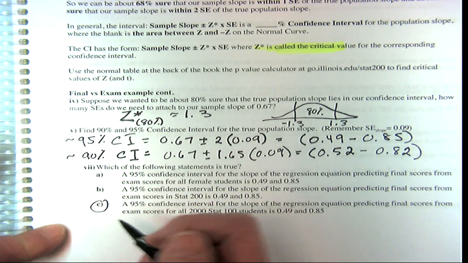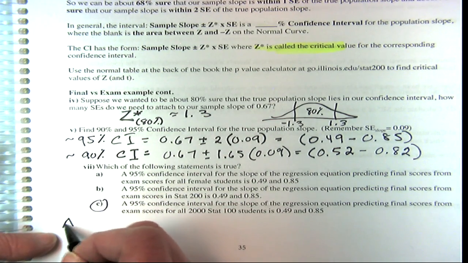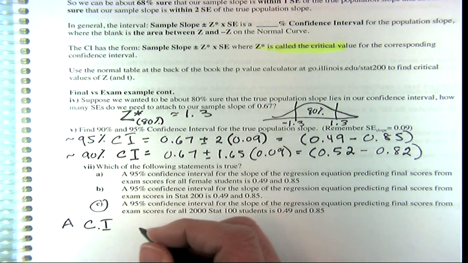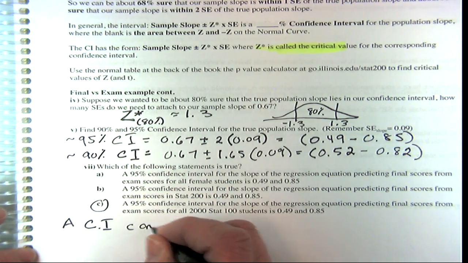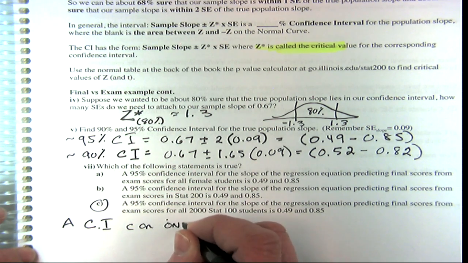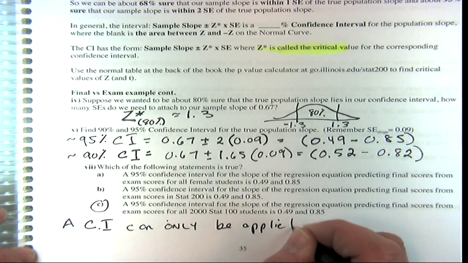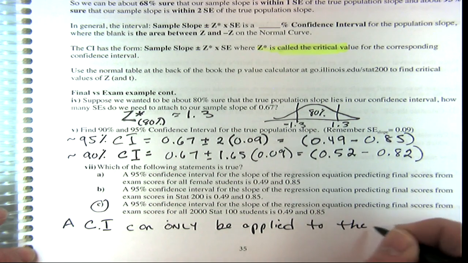And this is important: a confidence interval can only be applied to the population the sample was drawn from.